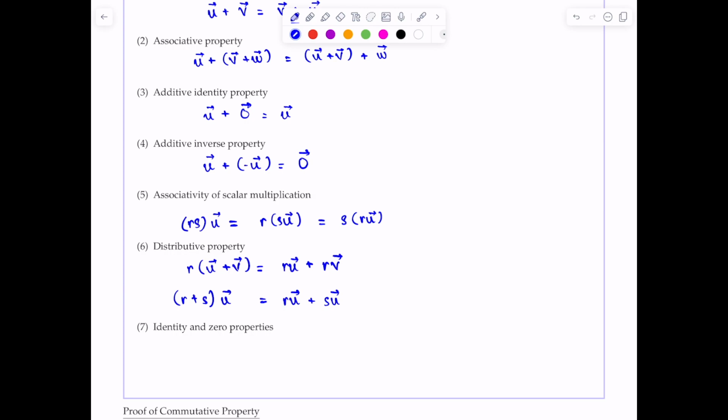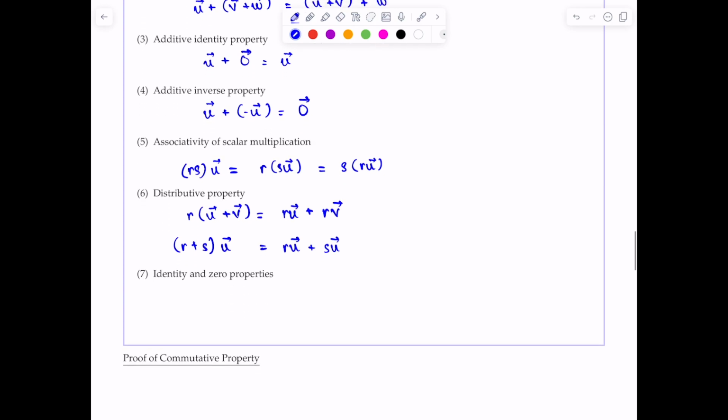Now number 7, identity and zero properties. So if you have the vector u and you just do 1 times regular multiplication of the vector u, then you have the vector u itself. If you use 0, this is a scalar 0, not a zero vector, and you do regular multiplication on vector u, then you're going to have the zero vector at the end.